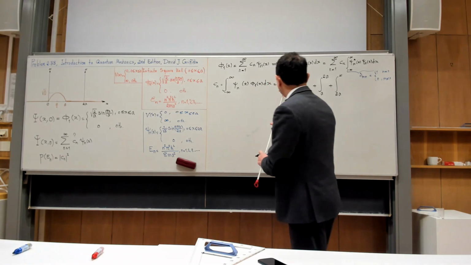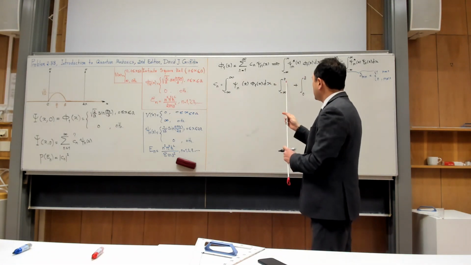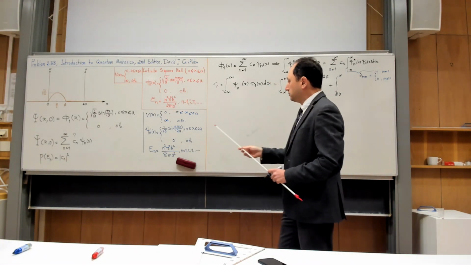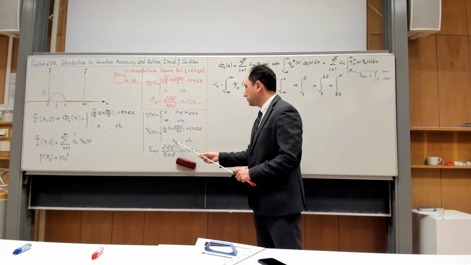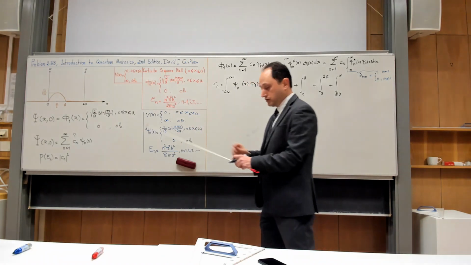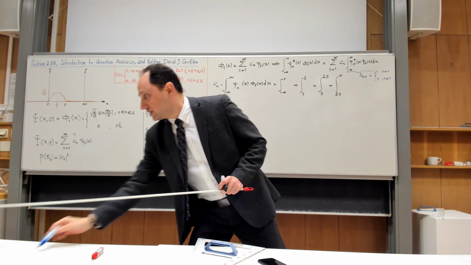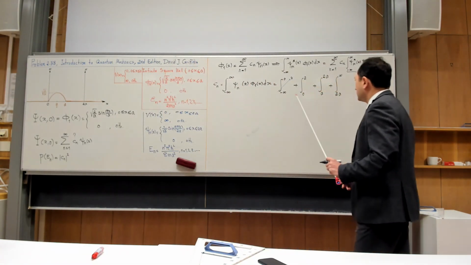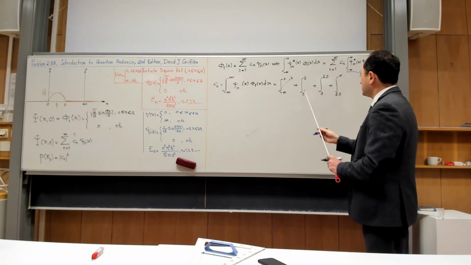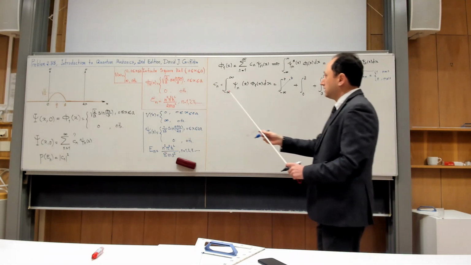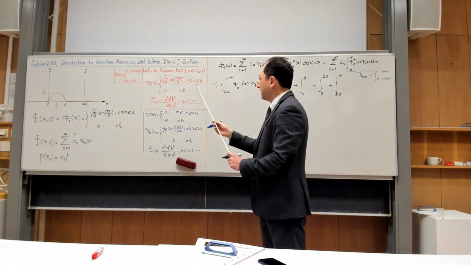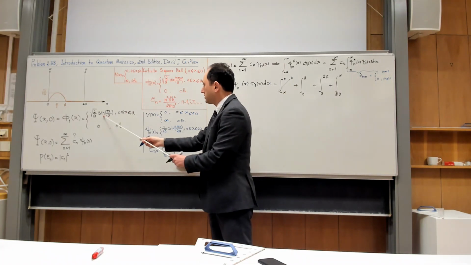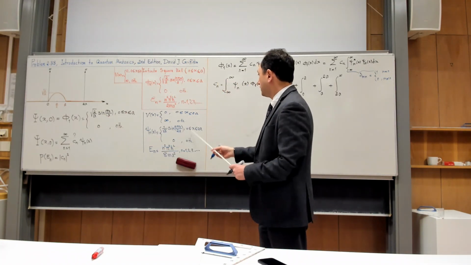But now let us see what is happening here. The first integral will be 0, because if x is less than 0, both this function is 0 and this function is 0. So this means that this will vanish. Yes? The first integral vanishes. What about the second integral? When x is between 0 and a, this phi 1 does not vanish, and this one does not vanish.